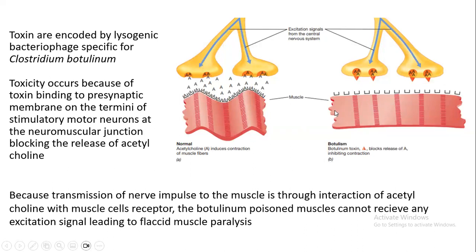As a result, the muscles will not contract. They will stay in a relaxed condition. So because of botulinum poisoning, the muscle is not receiving any excitation signal, and that leads to muscle paralysis of the respiratory tissues, leading to eventual death.